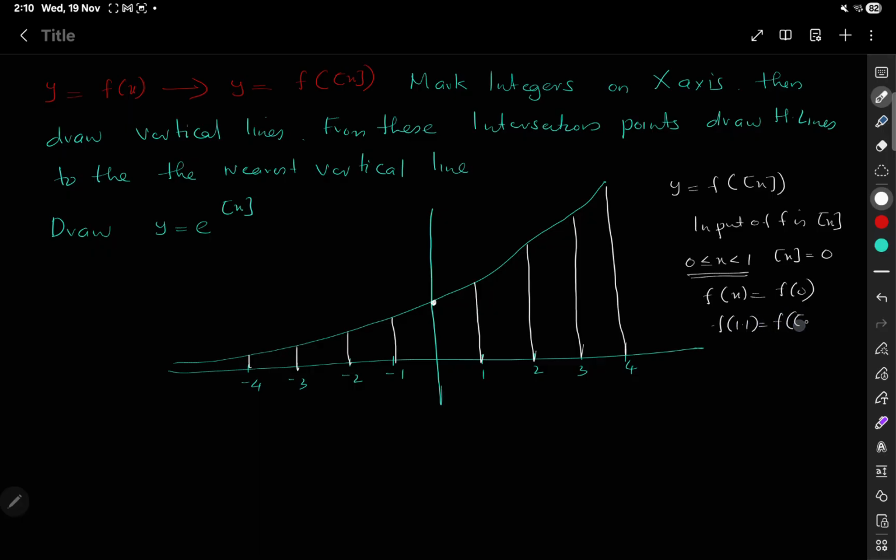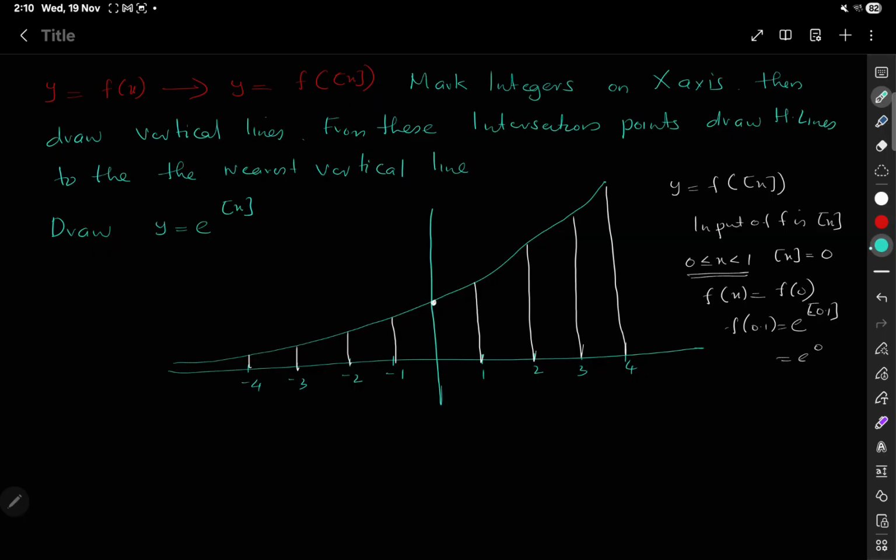Okay. So what will be your f of 1.1? That is also f of step of 1.1. What is f of 0.1? It will be e raised to step of 0.1, which is e raised to 0, 1 only. So what will be the graph?